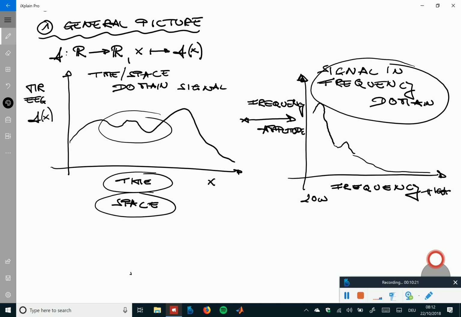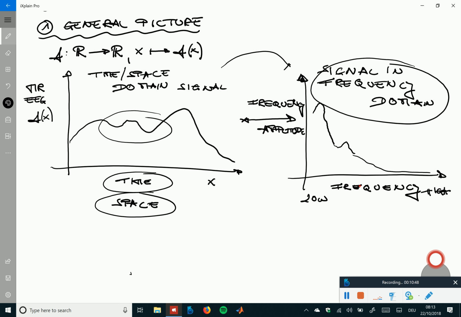And now the fundamental idea of Fourier analysis and the different things that are associated with Fourier analysis, like Fourier transform, inverse Fourier transform, discrete Fourier transforms, inverse discrete Fourier transforms, and the fast Fourier transform algorithm, is to be able to switch between a representation of a signal in the time domain and a signal in the frequency domain.